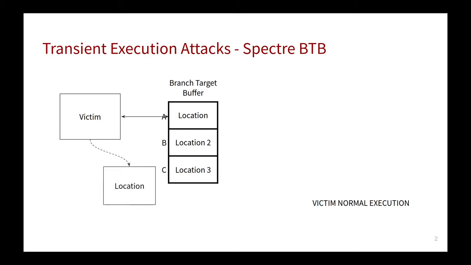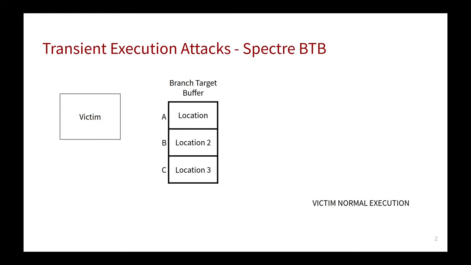And the CPU will start to speculatively execute at that location, meanwhile waiting for the data to come from memory. Then when the real target comes, it will compare the two locations, and if the guess was correct, then everything that was executed will be committed, otherwise everything will be rolled back.